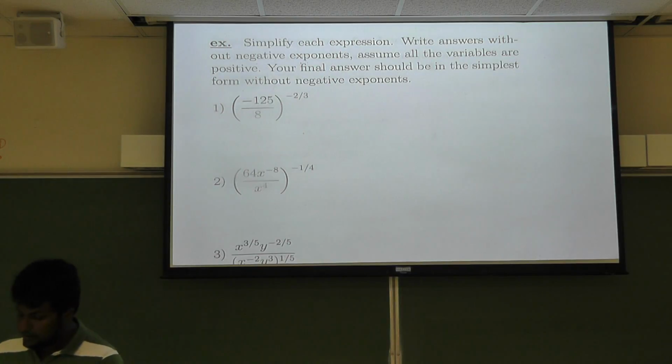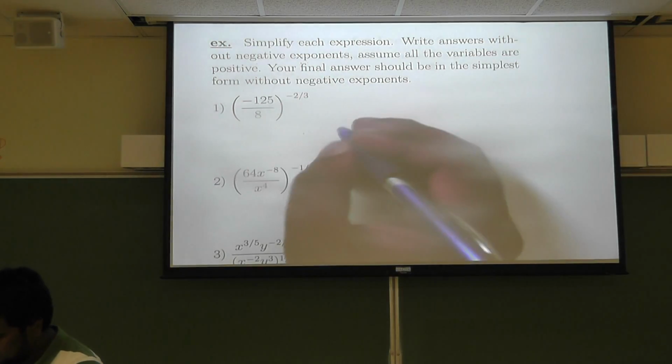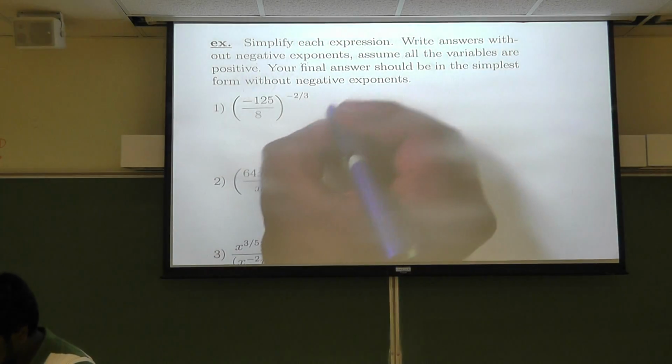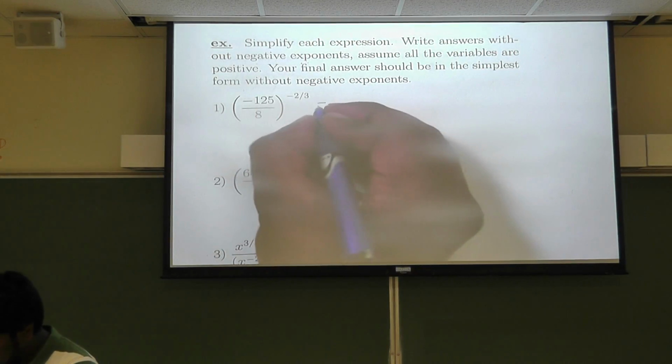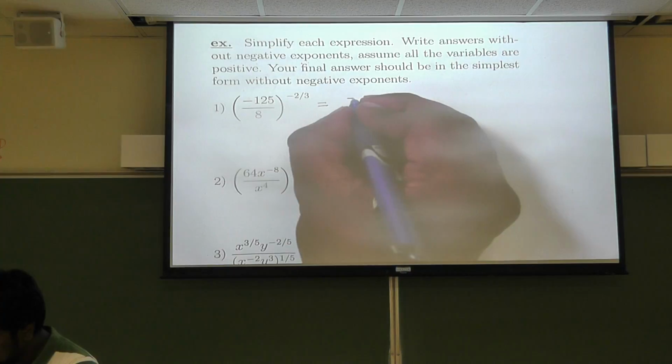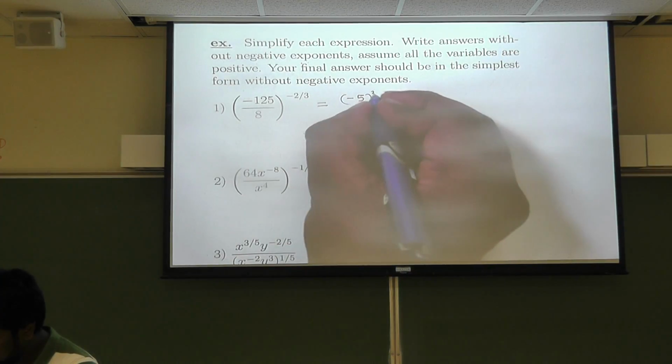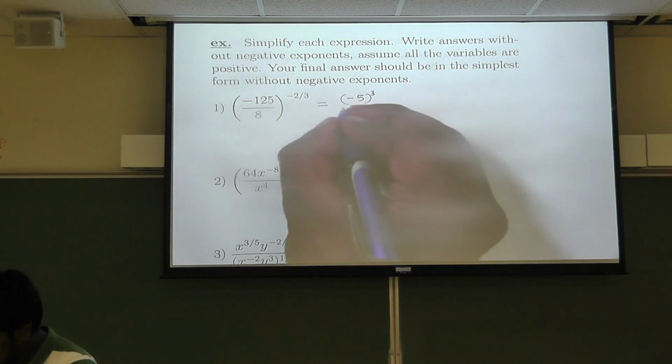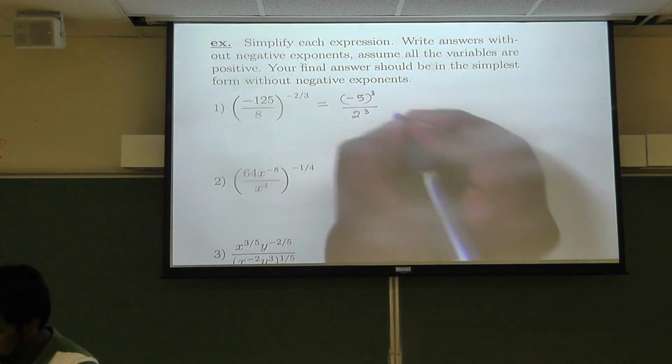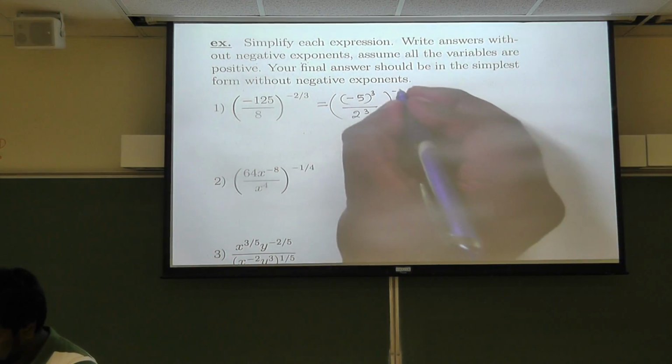Okay, so let's simplify these exponential expressions. Now, negative 125 is negative 5 cubed, and 8 is 2 cubed, to the power of negative 2/3.